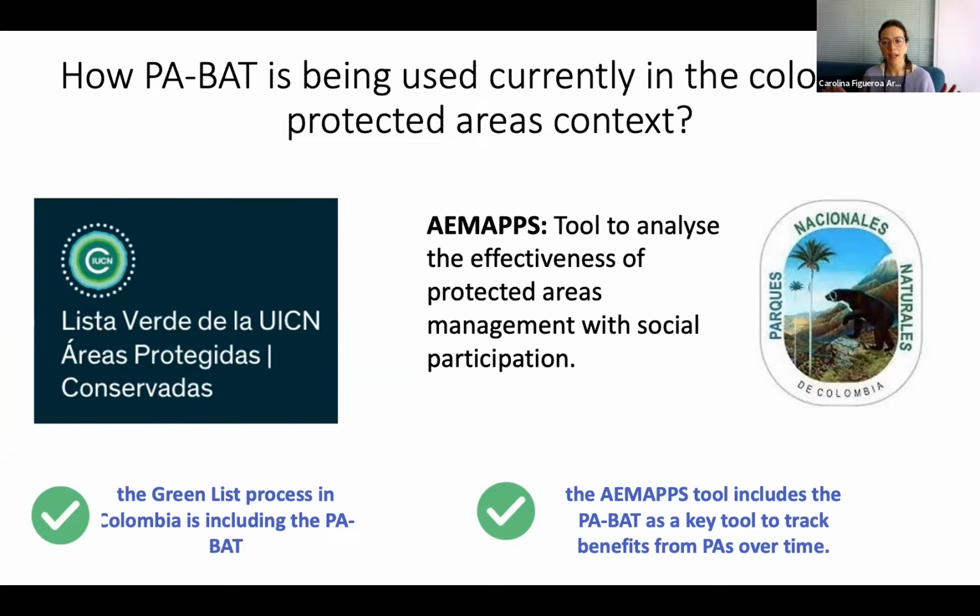So we had quite a broad idea of how PA-BAT could be used in the country in different contexts, and of the different adjustments the tool needed to go through to be implemented. That happened between 2016 and 2017. We are today in 2022, and what has happened next?